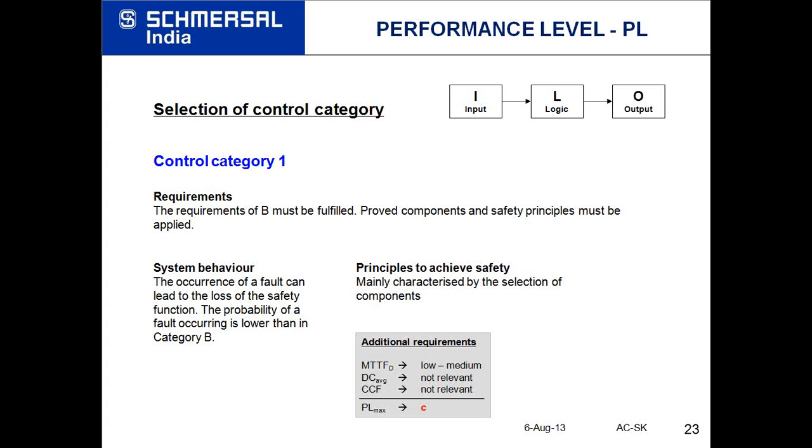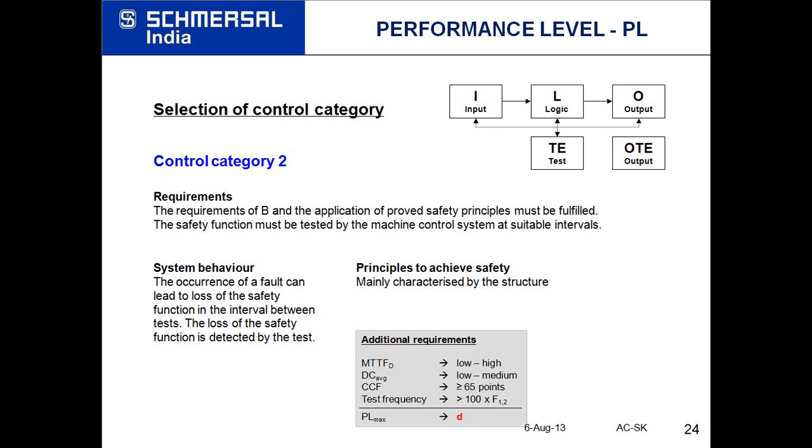Now coming to control category 2, it is same as control category 1, but we have test input. On the right top corner, you can see on the logic, we have a test input going. That means every cycle we are testing this function. And if we are able to develop a mechanism like this, then it is more intelligent. Here you can see on the bottom hand side in the chart, on the same screen, screen number 24, diagnostic coverage has become relevant.